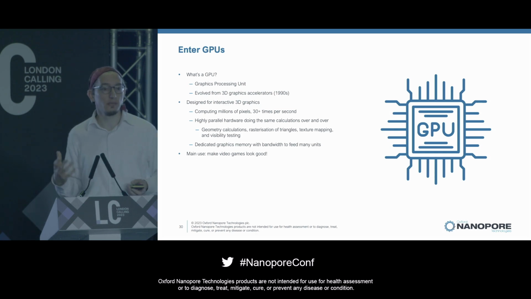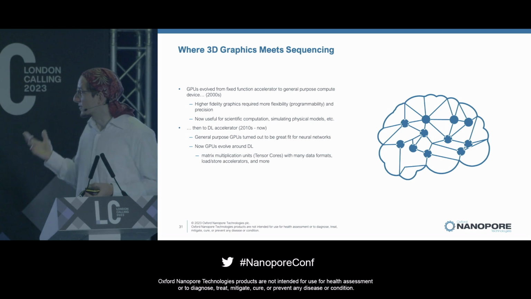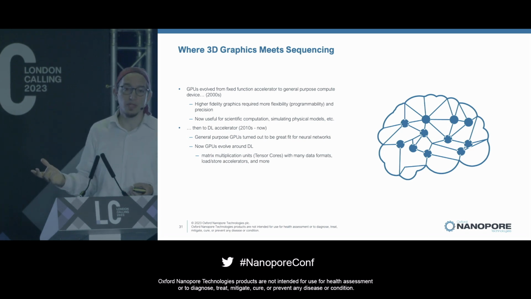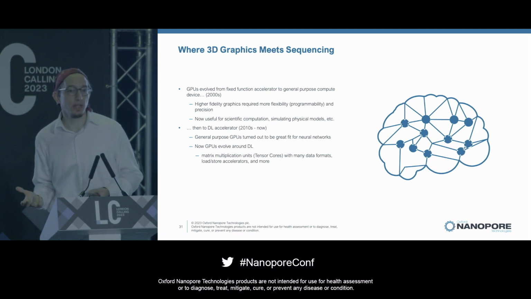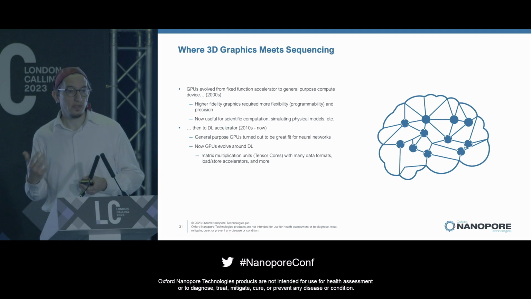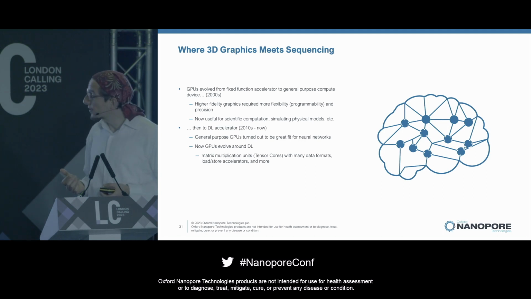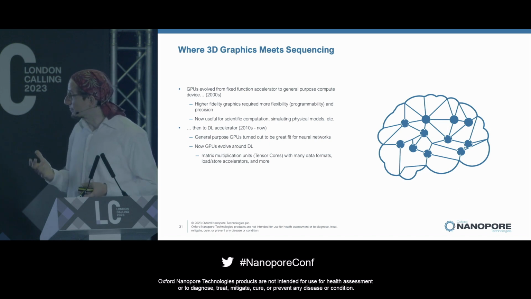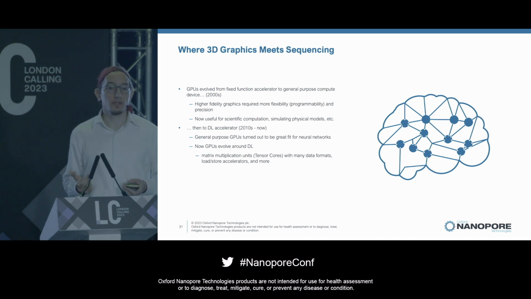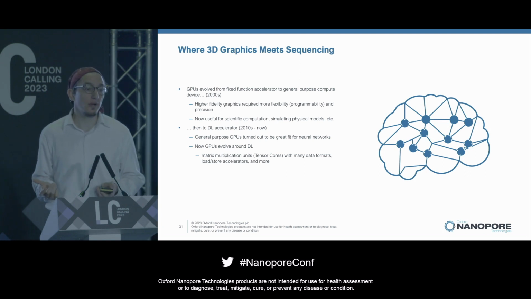You couldn't really use them for anything else, but gradually in the 2000s, the flexibility that was required to make graphics better then led to these devices actually being useful in scientific computing, physical modeling, all these things. And at a certain point, AI researchers realized, oh yeah, these devices are really good at accelerating neural networks.